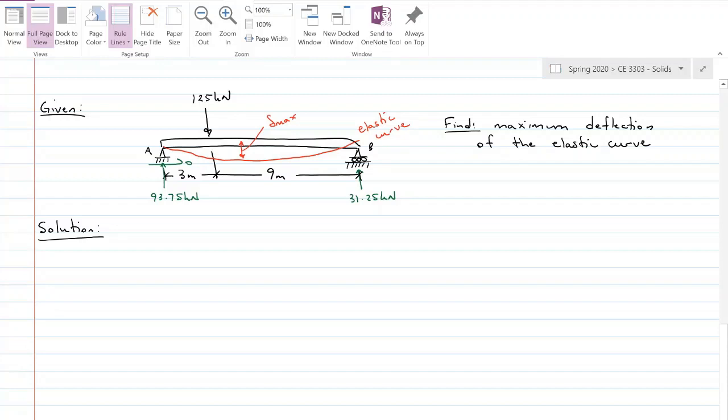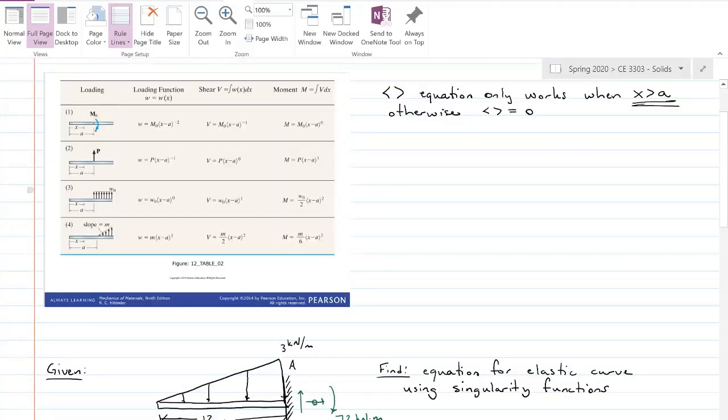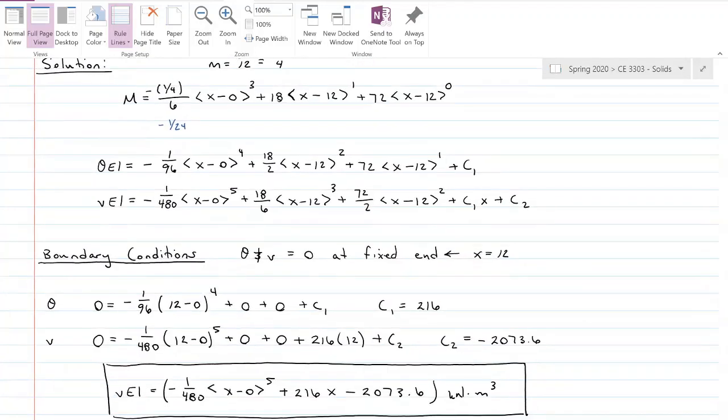I'm going to set the ordinate of my coordinates at A, so this would be my little v, and this would be my x. Looking up here at my table, all of my forces are points, so it's just going to be the second row here that comes into play.